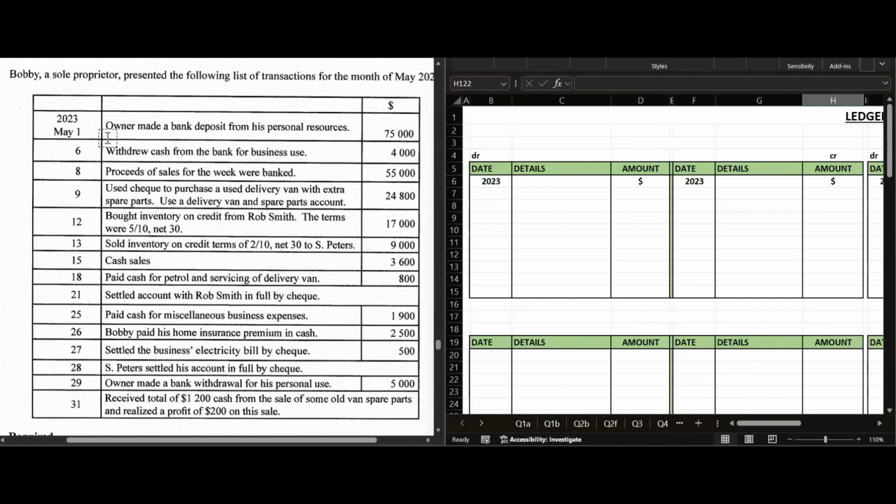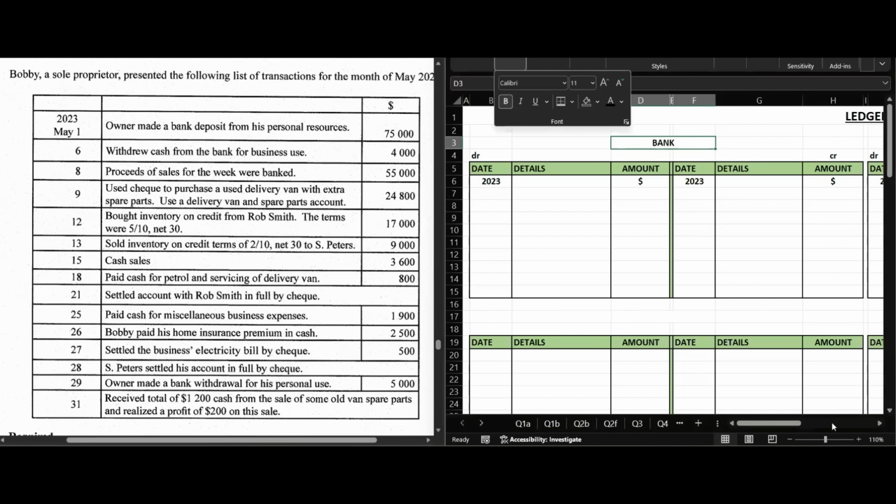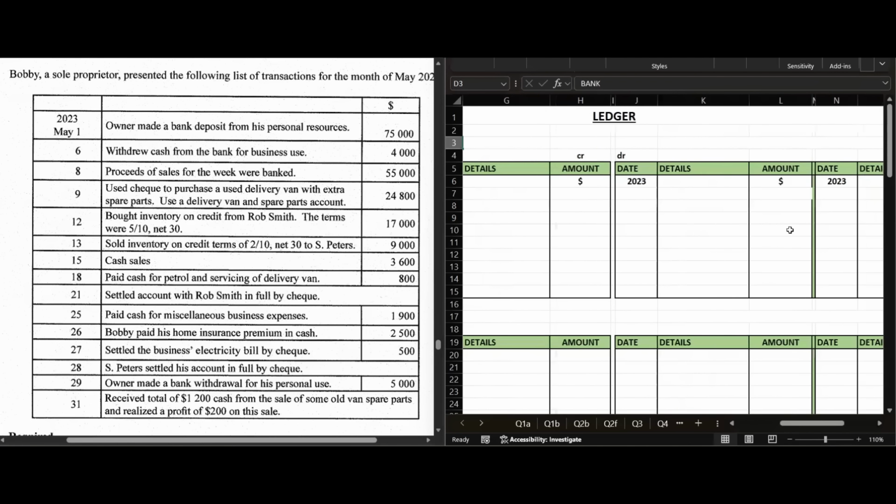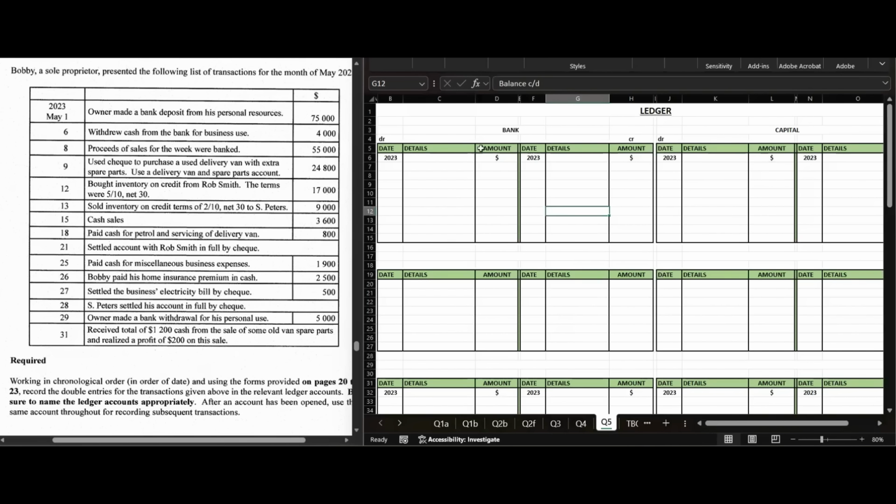Well, let's go. May 1st, 2023. Owner made a bank deposit from his personal resources. For the two accounts, there will be bank and capital. Owner made a deposit from his personal resources, that is bank and capital.